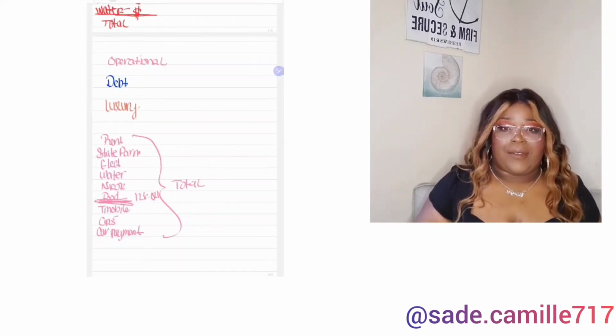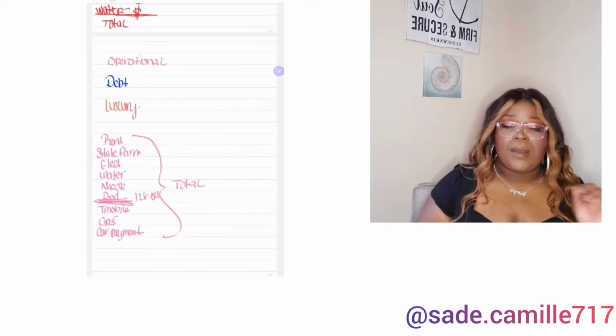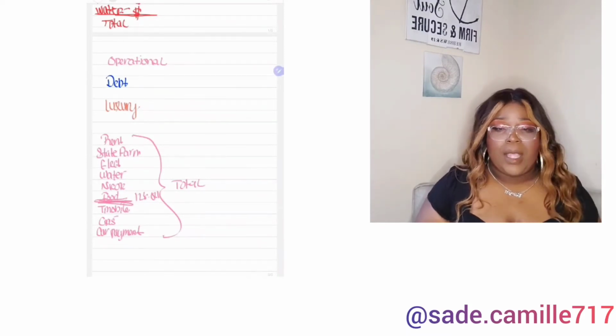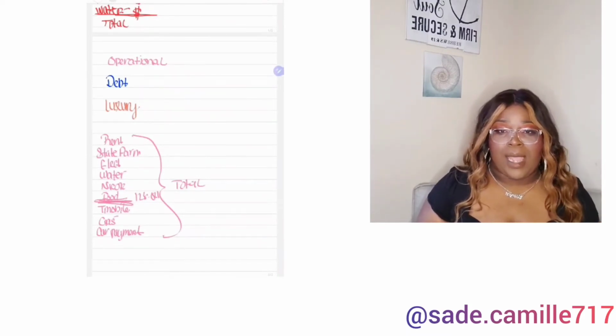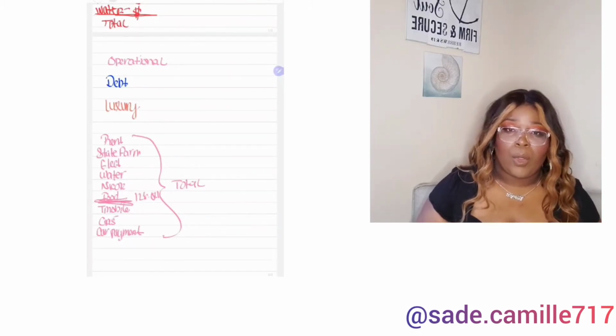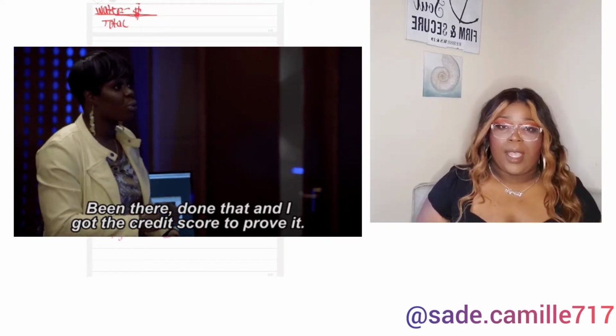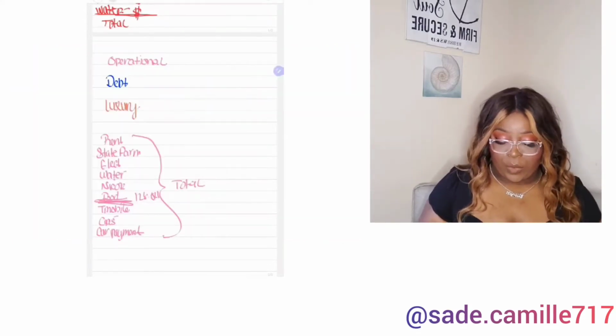Now, if I have a lot of money left over, if I'm doing good, of course I will kick a couple more dollars towards my food budget if I can, but my main thing right now is paying down my debt, making sure that they are controllable, that my credit score is still rising, looking good, and I'm still able to manage these operational expenses.